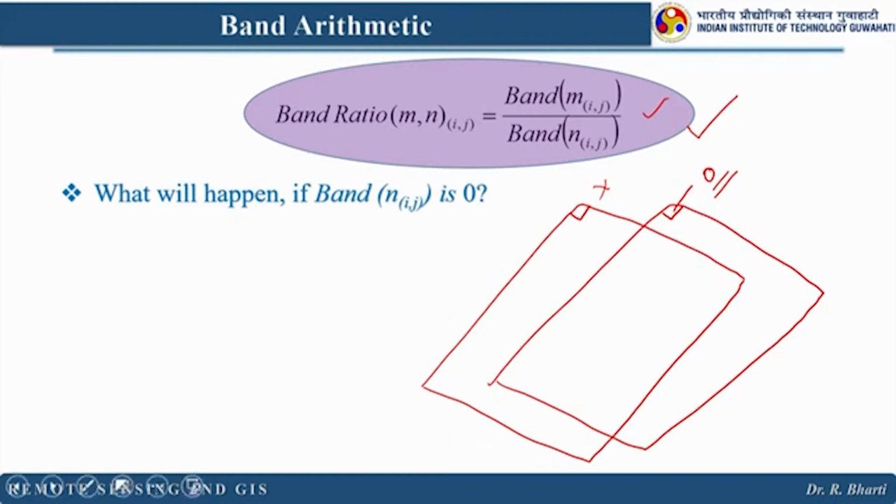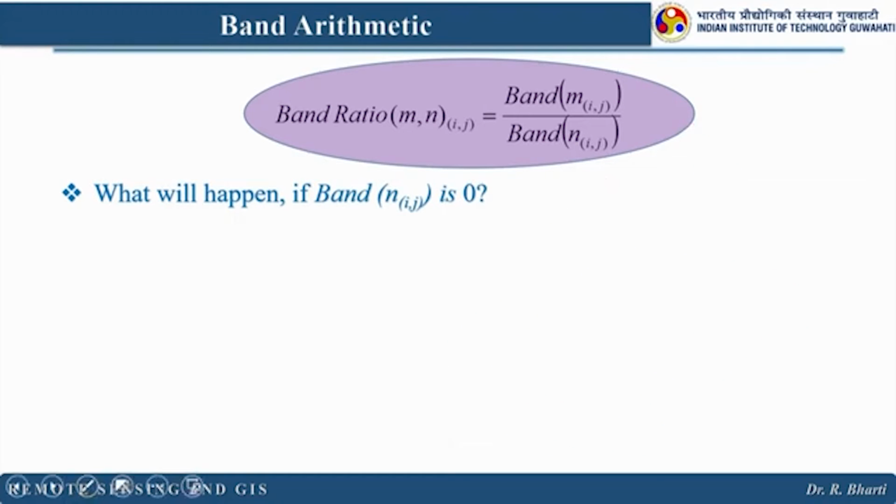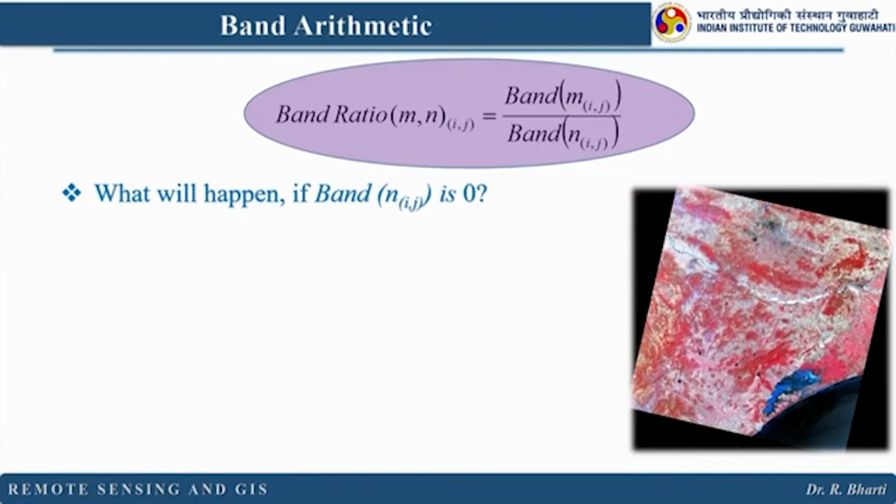So these are a few practical problems, but how do we tackle them? This is very important to understand the error. That's why I have covered all the errors in the beginning. Now you can see that in this particular image, if you consider these corner pixels, these are dark, so that means the value is 0 because this is 8-bit data. So 0 to 255 is the range.